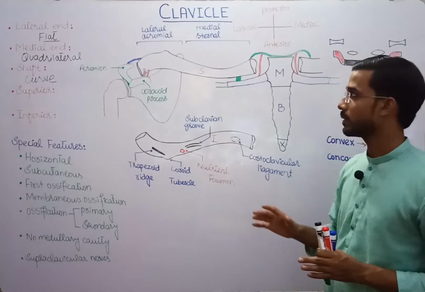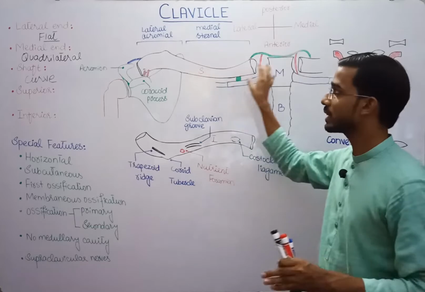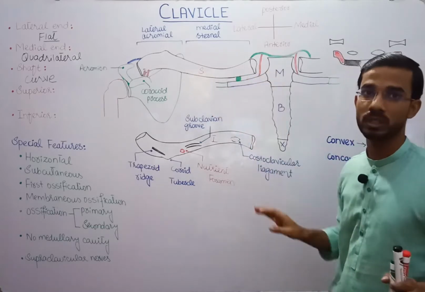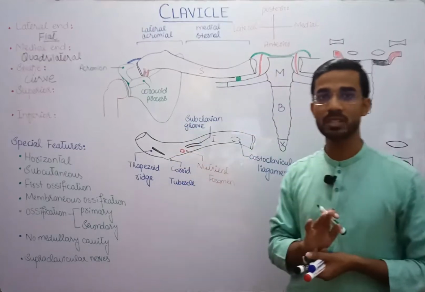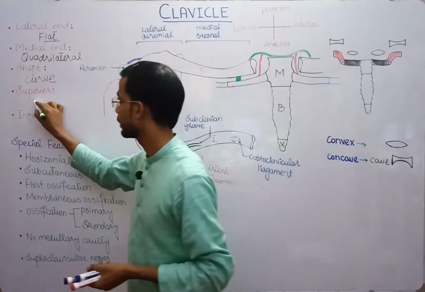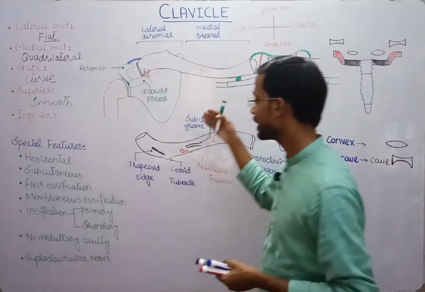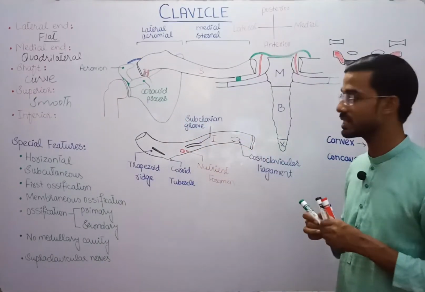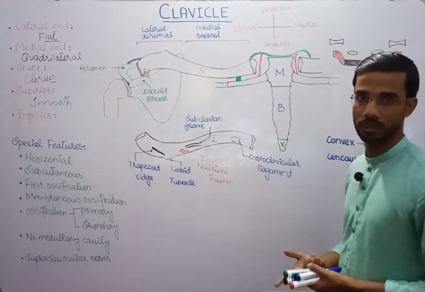This is the view of the superior portion, and there is nothing there. There is a smooth superior surface. So the superior surface will be smooth. And at the inferior surface, there are some impressions or projections.